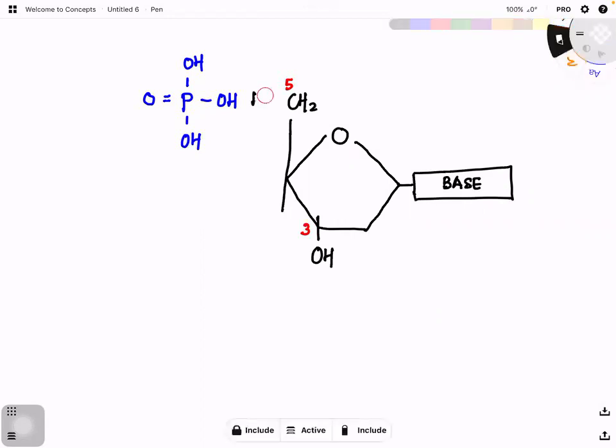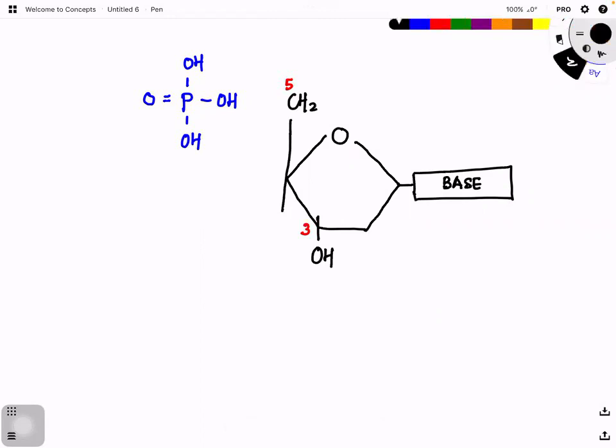The OH group here is an alcohol. The alcohol donates a hydrogen atom, the acid donates OH, so the reaction takes place here. This is removed as H2O. When the bond is formed, it forms what we call an ester bond.